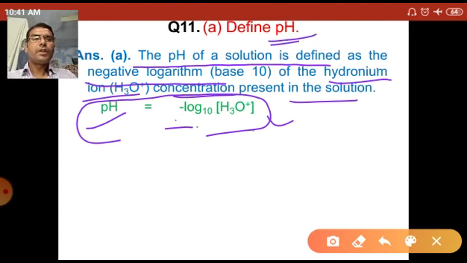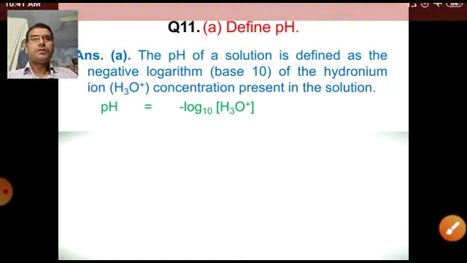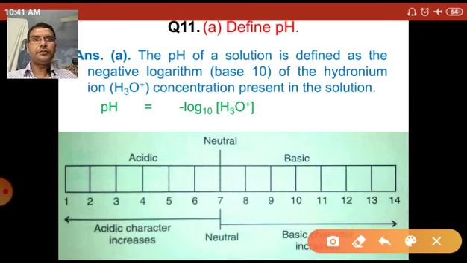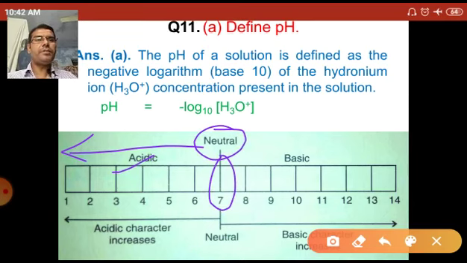Now in the pH scale, if the pH is less than 7, then that solution is acidic, and if the pH is 7, then that solution is neutral, and if the pH is greater than 7, that solution is basic.